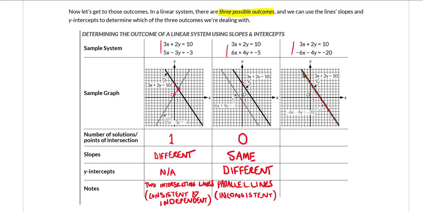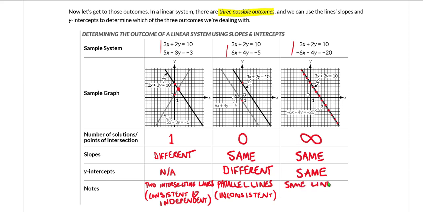So we have an infinite number of solutions. These 2 lines are the same, which means they share all of the infinite points on each line. So we have an infinite number of solutions or points of intersection, and in this case, since these are the same line, we have the same slope, and we have the same y-intercept.